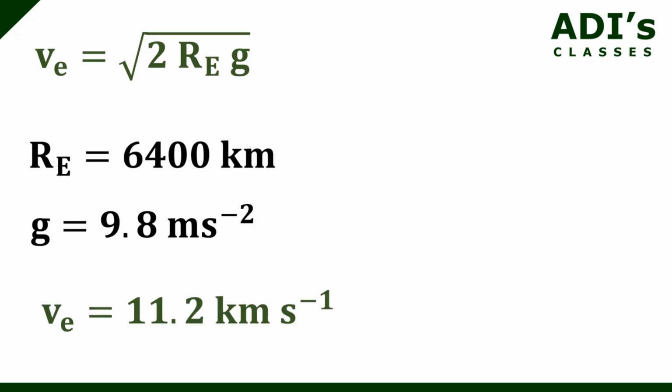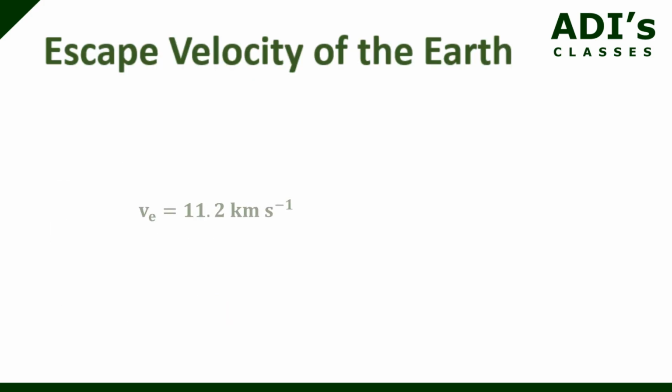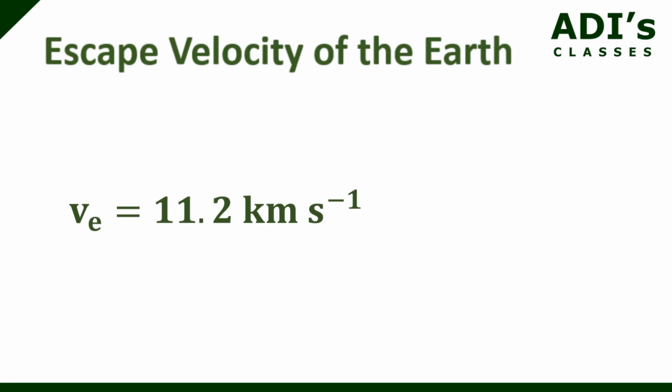So remember, escape velocity doesn't depend on the mass of the body. It depends on how big the planet is. The bigger the planet, the more the mass, and the more the mass, the more the escape velocity. Understood? For Earth, which is about 6,400 kilometers in radius, the escape velocity is 11.2 kilometer per second.